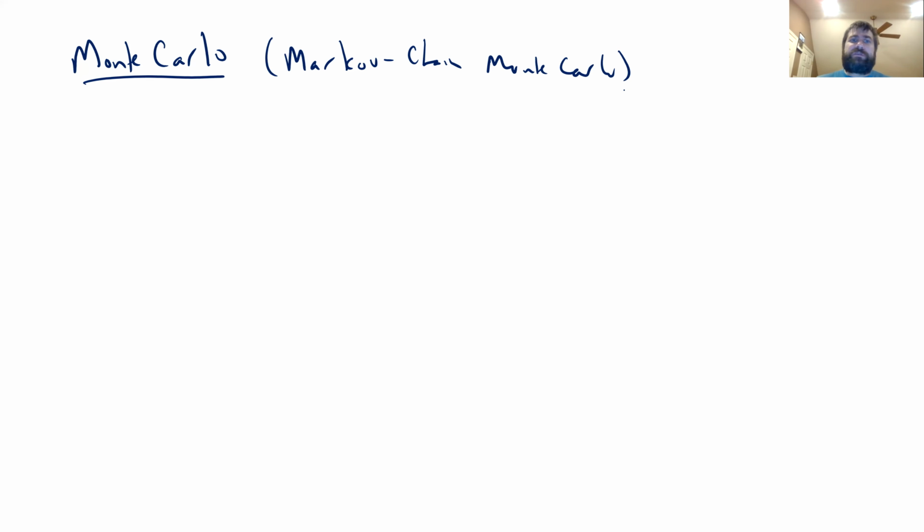How do we use these Markov chain Monte Carlo approaches to solve a problem in protein design instead of protein structure prediction? Well, let's just recap quickly what the basic MCMC approach involved.